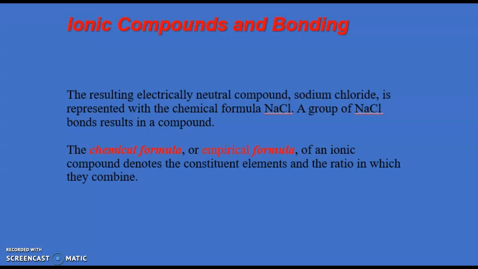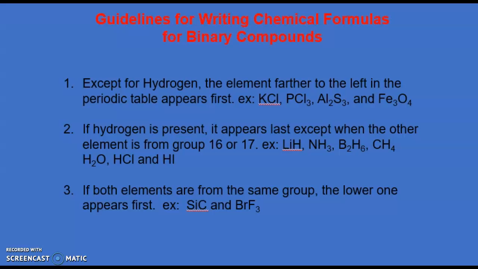Okay, so it's very simple to write the chemical formulas. The element farther to the left always appears first, except for hydrogen. So basically you're looking at your metal, the symbol for your metal always being written first. If there is a hydrogen, it's going to go at the end unless the element is a nonmetal.